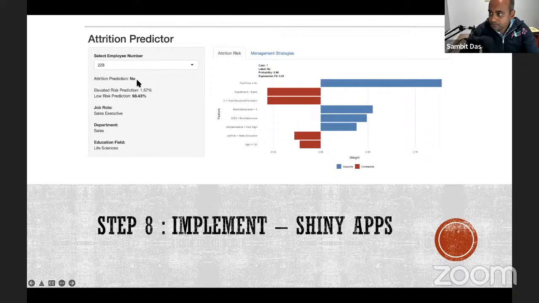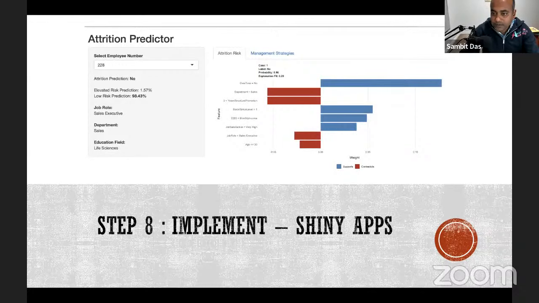Okay, this part here is basically overall based on the risk prediction. If it is beyond 50, then you have this, and you may choose not to have that field also.